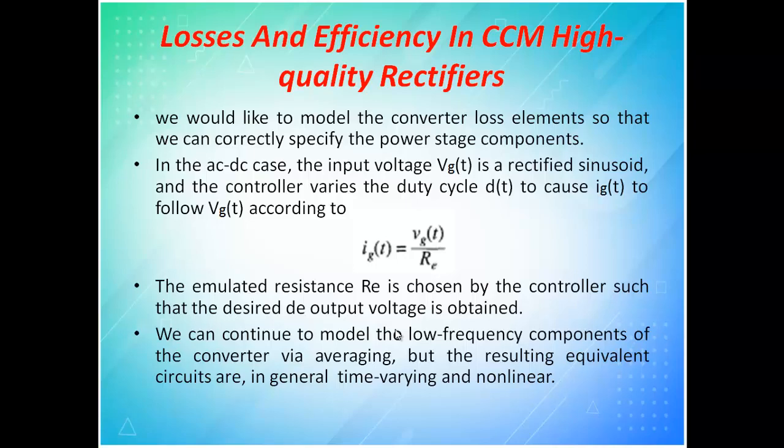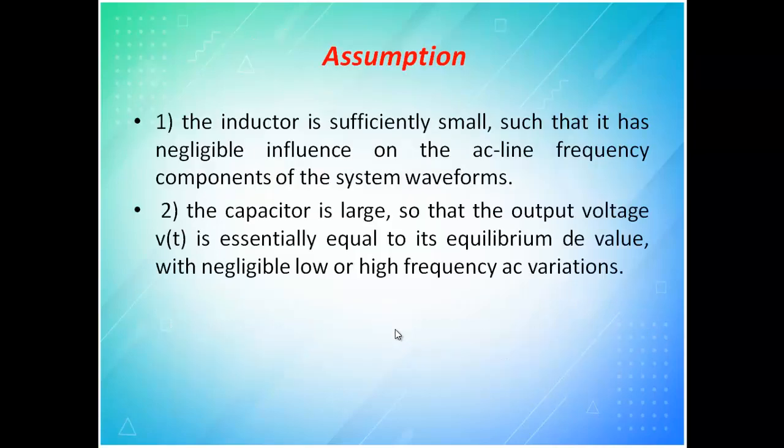Here we are putting two assumptions. The first is that the inductor is significantly small, such that it has negligible influence on the AC line frequency component of the system waveform. The second assumption is that the capacitor is large, so that the output voltage v(t) is essentially equivalent to the equilibrium value. I have already told you there is some mistake always in my slide: it is DC, but instead of DC it is printed as DE.